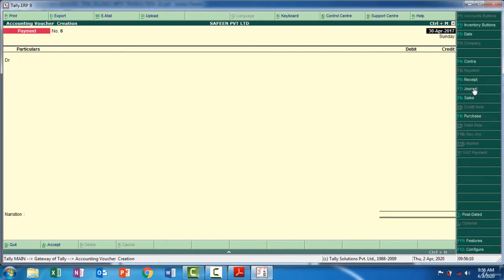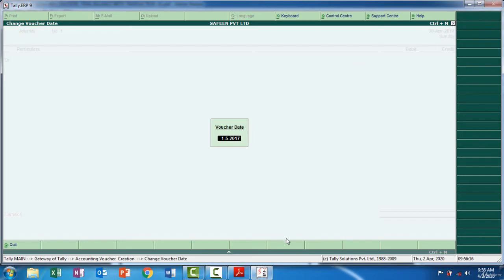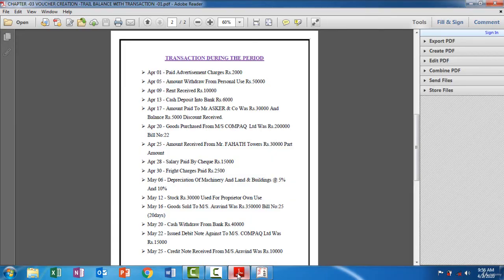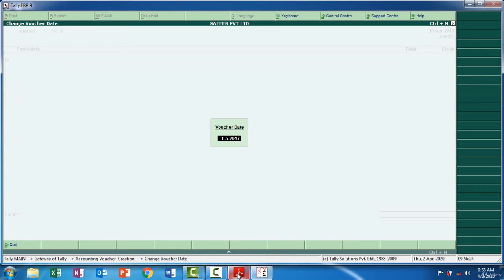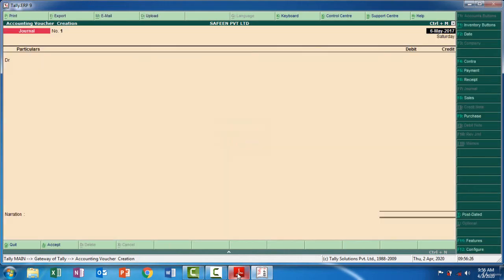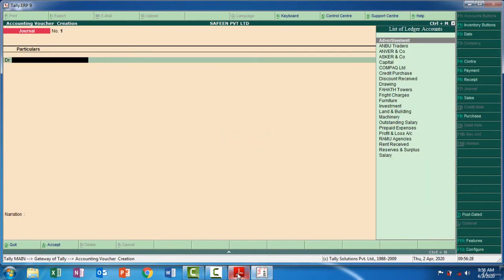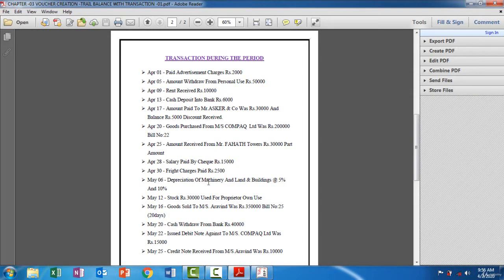You go to the journal voucher. First of all I need to change the date. The date is May 6, so I'm going to put 6 5, and then debit is machinery depreciation account, but I didn't create the machinery depreciation account.